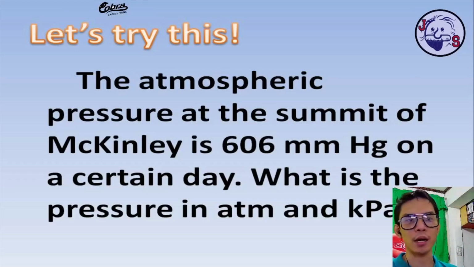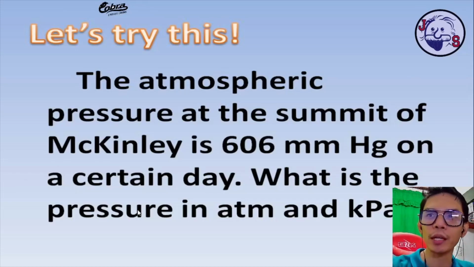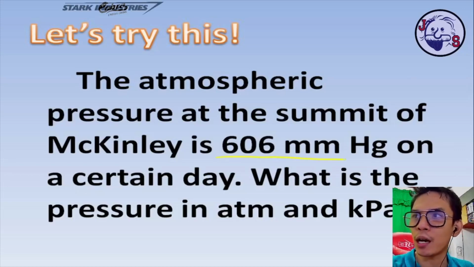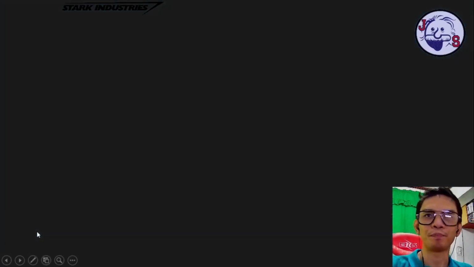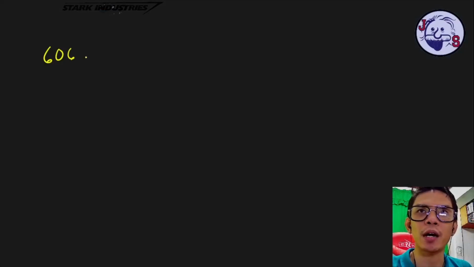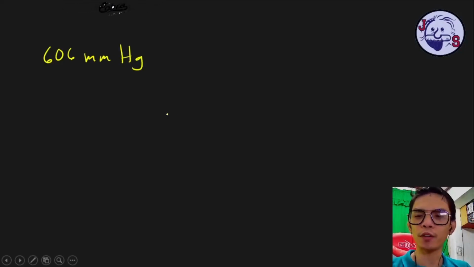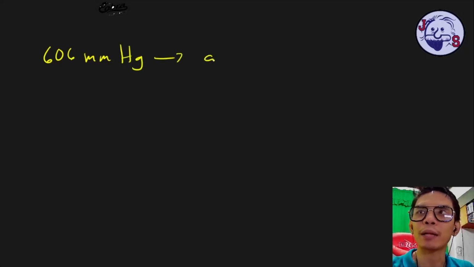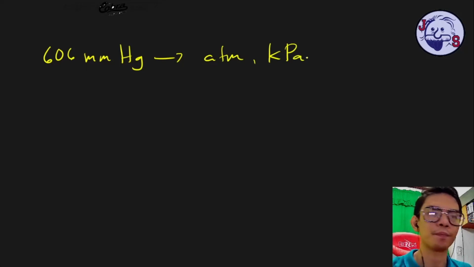Let's jump right into it and solve for the answer in atmosphere and kilopascal. We have right here 606 millimeters of mercury, and we will convert it into atmosphere and kilopascal.